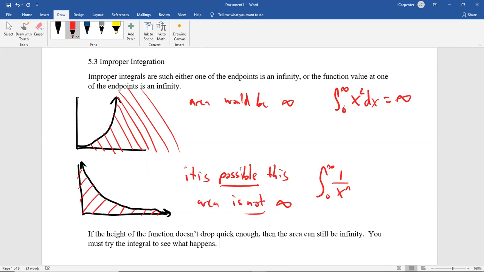But the problem is, how in the world do you plug infinity into a function? You don't. You instead just need to know the behavior of that function at infinity. And guess what? This goes all the way back to the first week of class when we were taking limits.